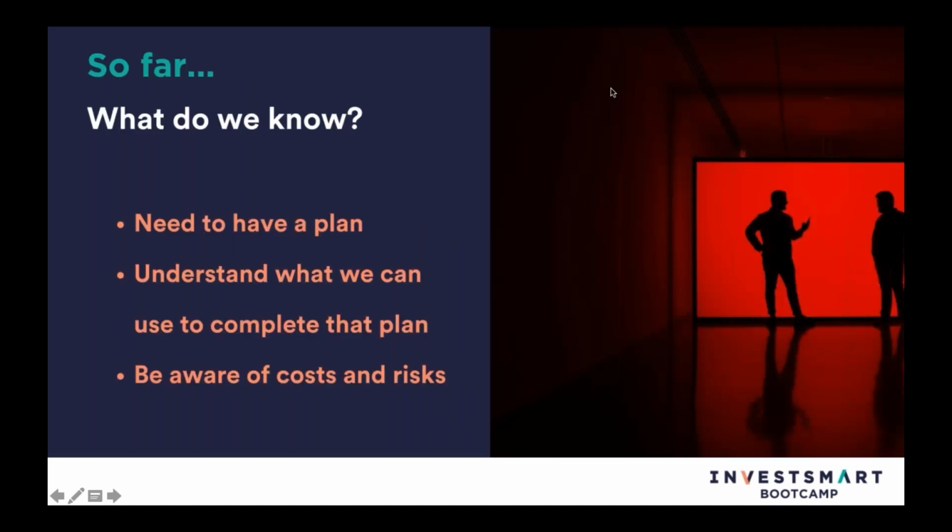So far, okay, so where do we stand? We know that we need to have a plan. That's one of the most important things that we could ever say: have a plan. And then we need to know what we can actually use in terms of investments to complete that plan. So we've got an idea of what's out there, but then we also have to understand the different costs and risks associated.